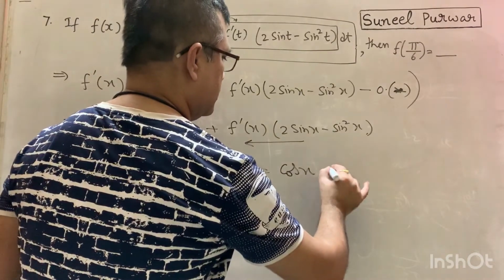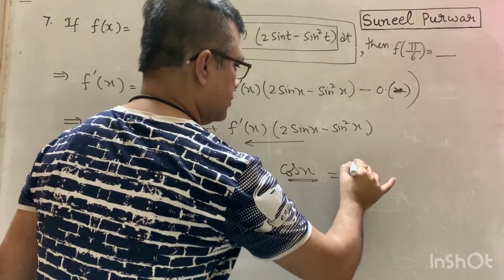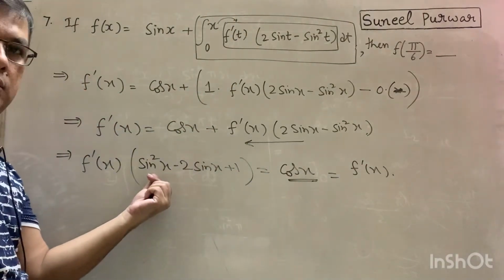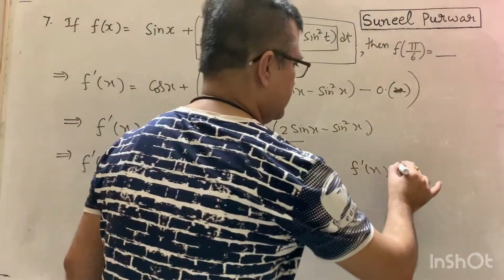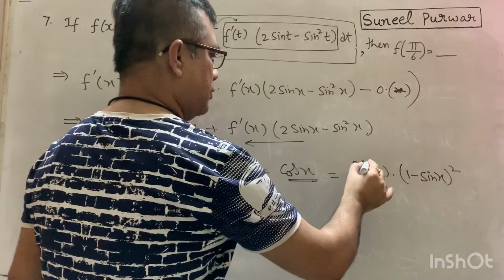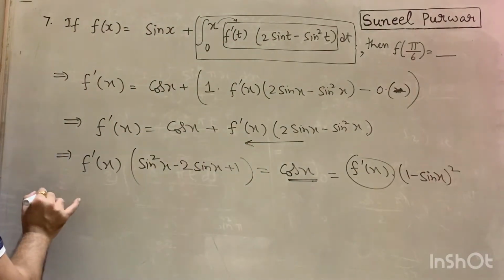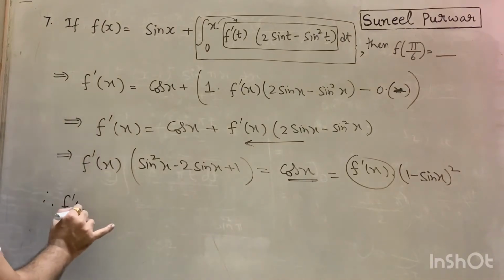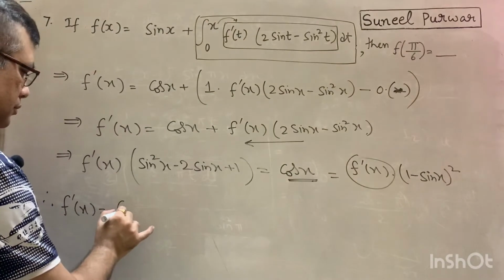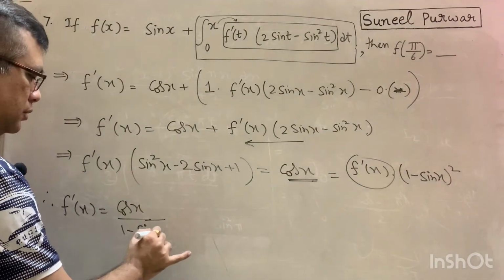So cos x is nothing but f dash x into 1 minus sin x whole square. Hence f dash x is equal to cos x upon square of 1 minus sin x.